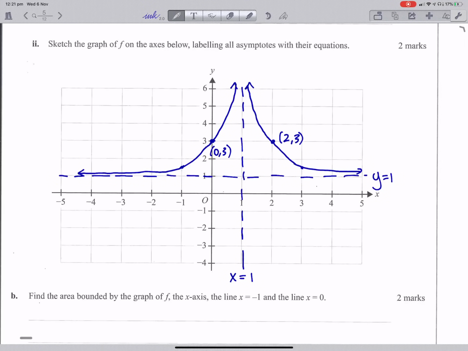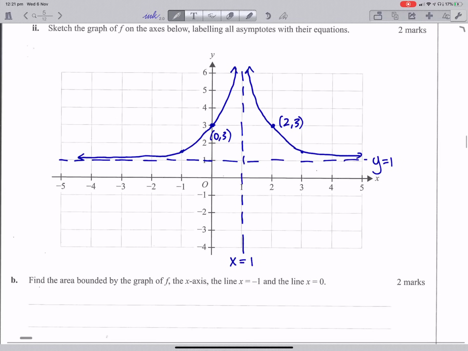The area bounded by the graph of f, the x-axis, the line x equals negative 1, and the line x equals 0. So this area in here.